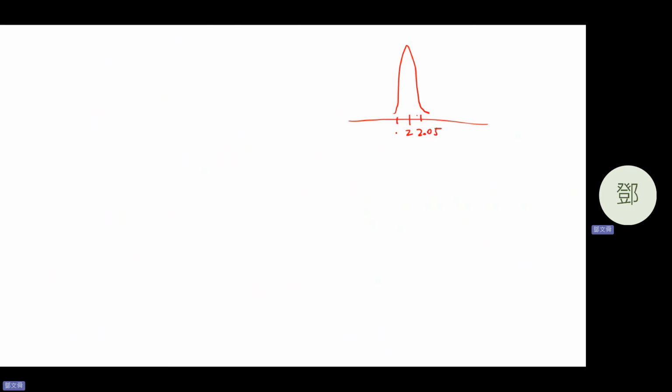And this is 1.95. And the area under the curve is 0.95. And this is the distribution of X bar. The shape is sharper. All right?